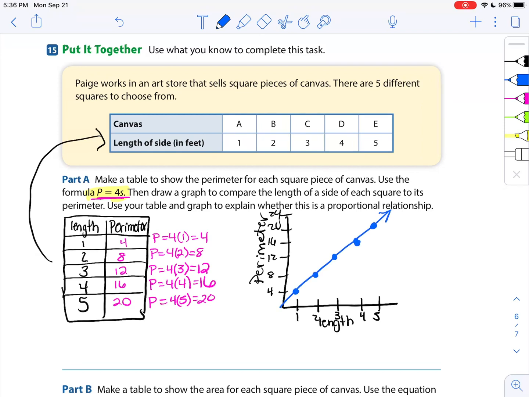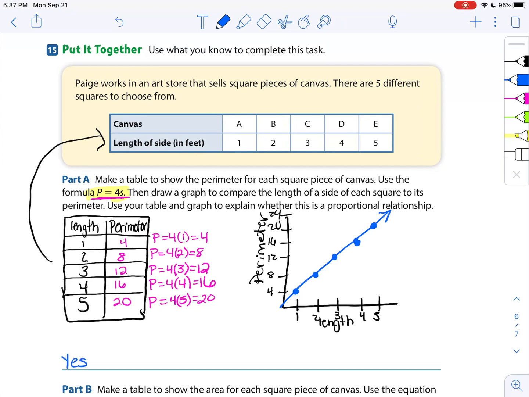So now we want to use the table and the graph to determine if this relationship is proportional. Based off of the graph, we can see that it's proportional because it makes a straight line that goes to the origin. And if we look at our table and we divide our ratios, 4 divided by 1 is 4, 8 divided by 2 is 4, 12 divided by 3 is 4, 16 divided by 4 is 4, and 20 divided by 5 is 4.